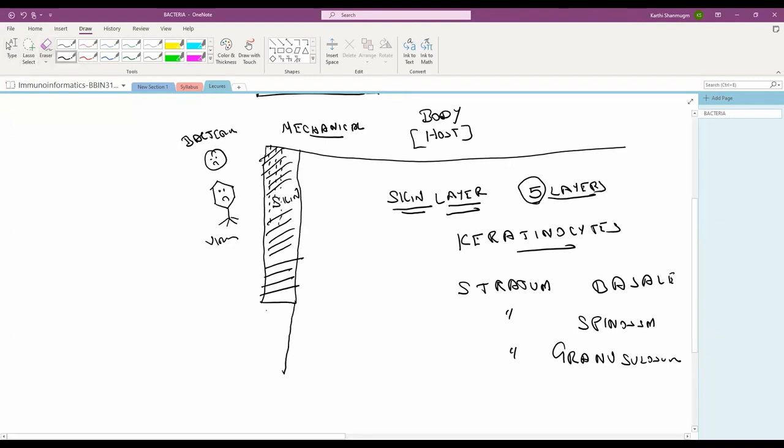So it's not like the skin. It has a kind of modified surface. So what if the bacteria or the virus tries to enter through this mucous membrane? If you take the eye or GIT, gastrointestinal tract, they are all made up of mucous membrane.